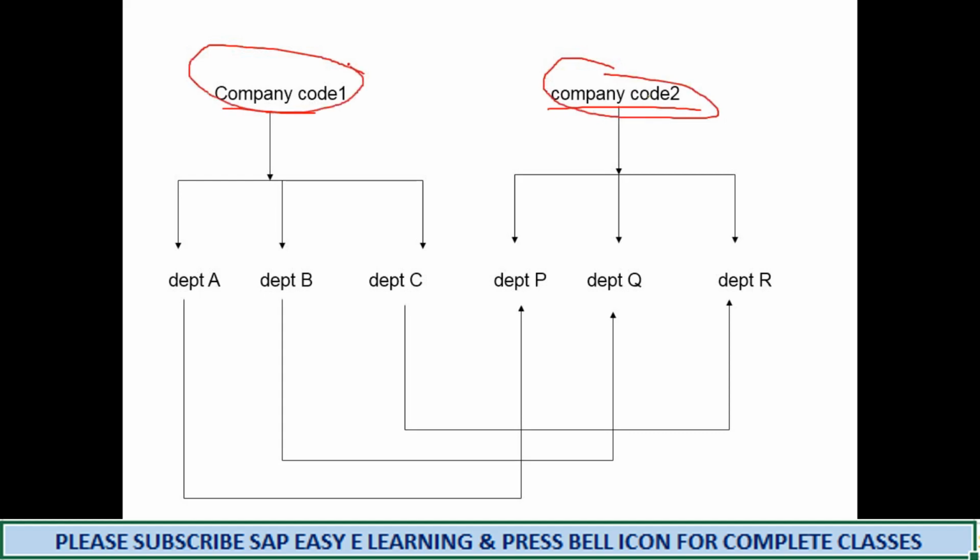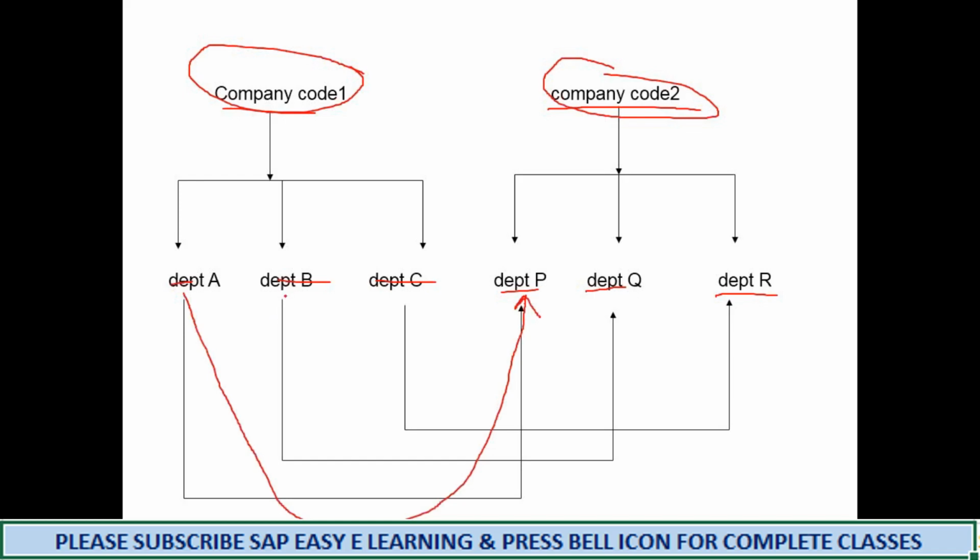In addition to that, for example, company code 1 has 3 departments: Department A, Department B, Department C. In company code 2, again we have 3 departments: Department P, Department Q, Department R. In addition to comparing the performance at the company code level, we can compare the performance of Department A of company code 1 with Department P of company code 2.